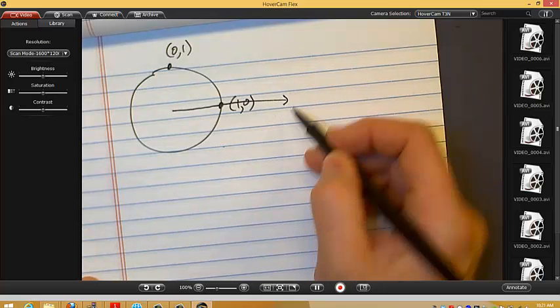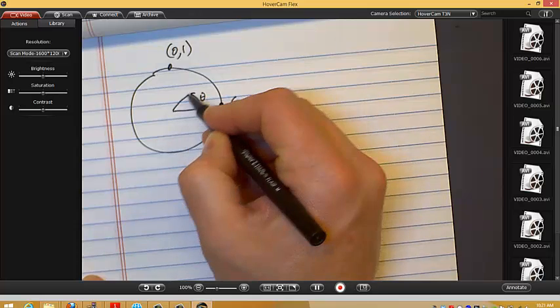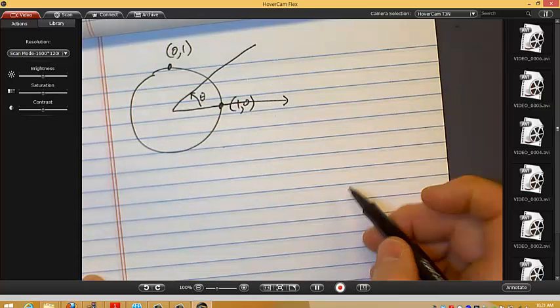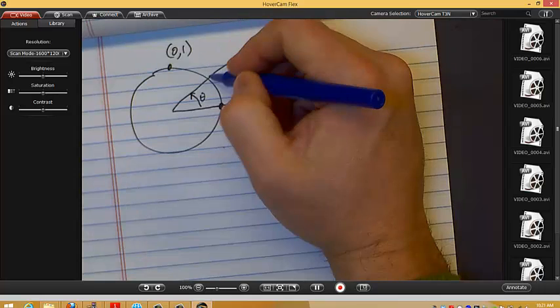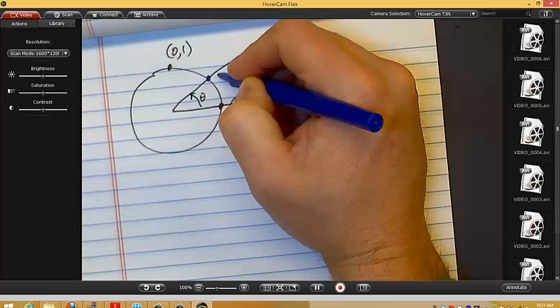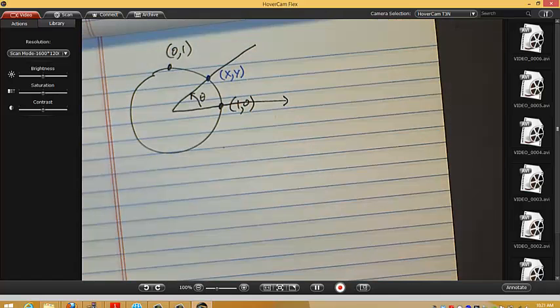And theta is some angle, and I'll just put it in the first quadrant. It doesn't have to be. So we know that this point x, y is really, what are the x and the y? Cosine and sine. We know that.